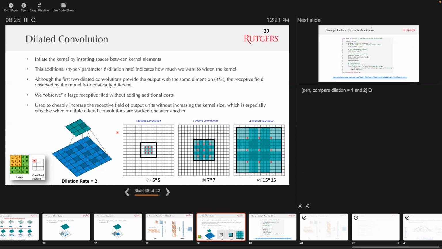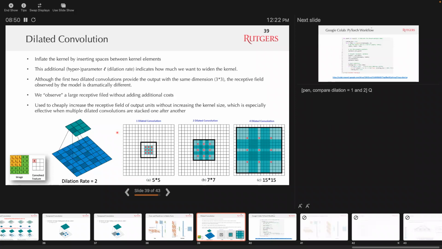Then if I ask you, what's the receptive field? What's the collective receptive field, the receptive field pulled together, of these 9 pixels in this output feature map?